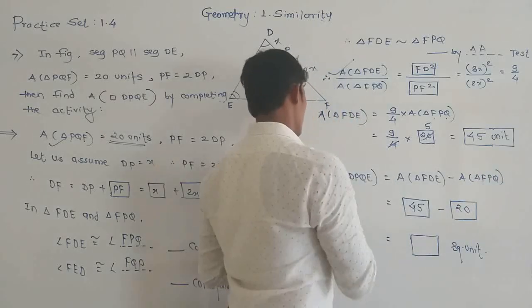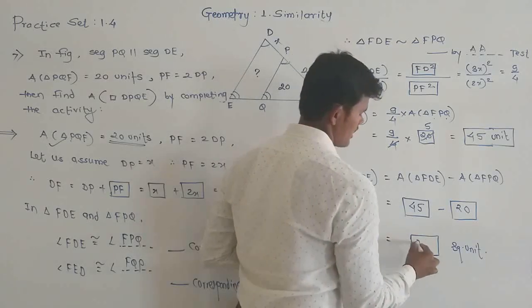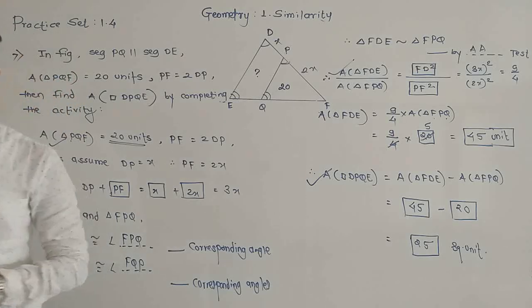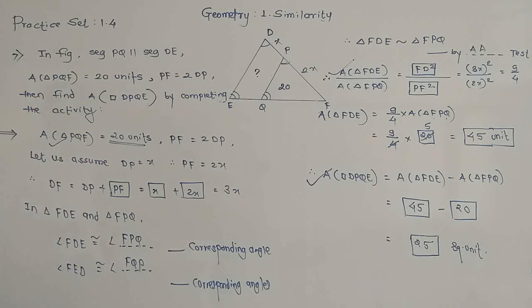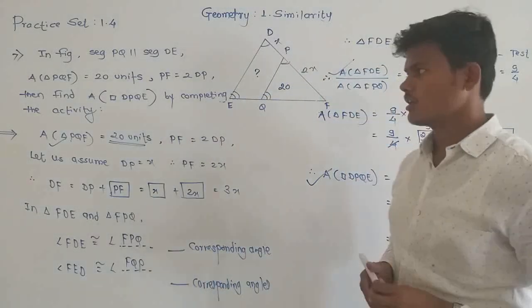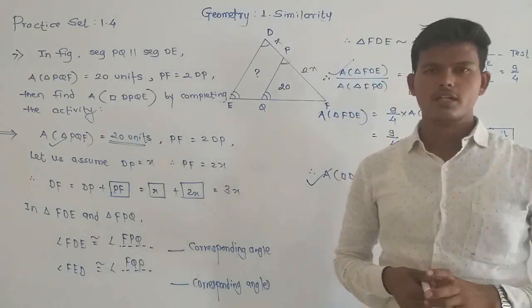So finally we get the area of quadrilateral DPQE is 25 square units. So here we are completing practice set 1.4, which is based on the theorem of areas of similar triangles.